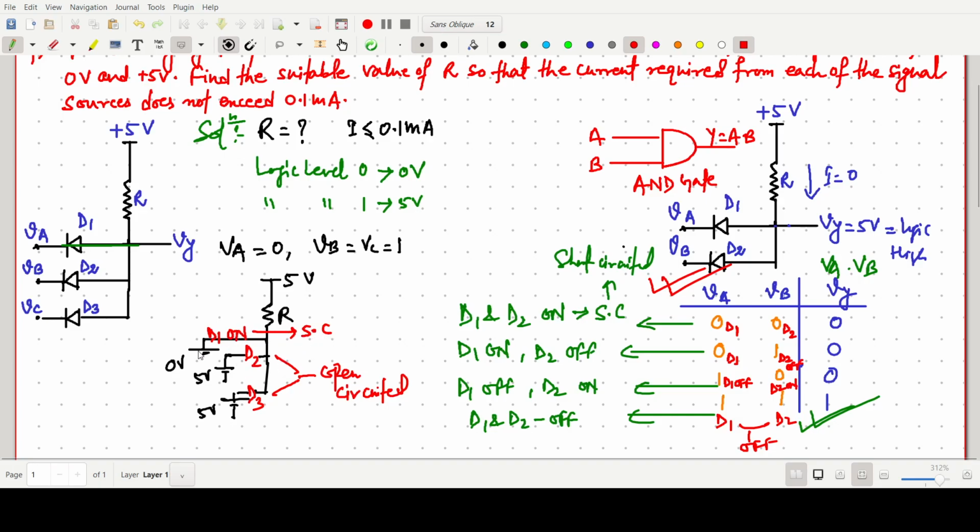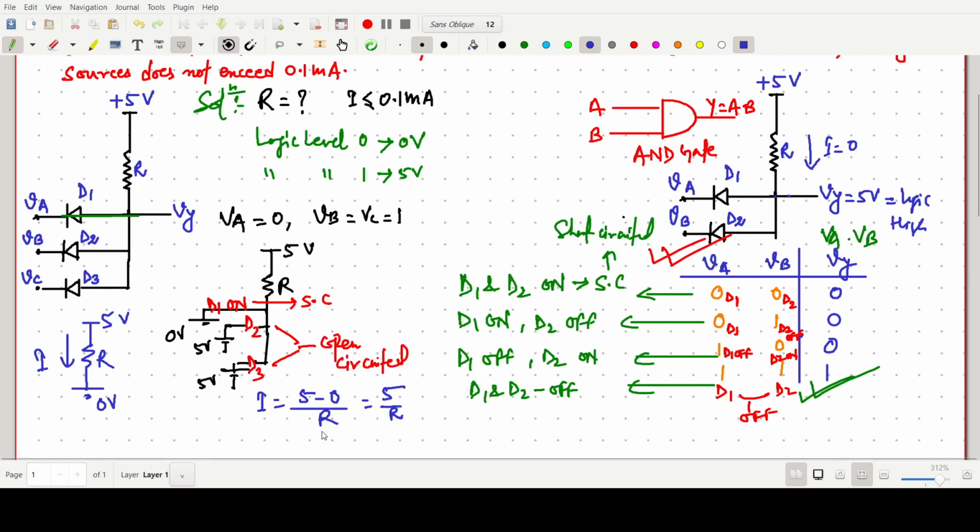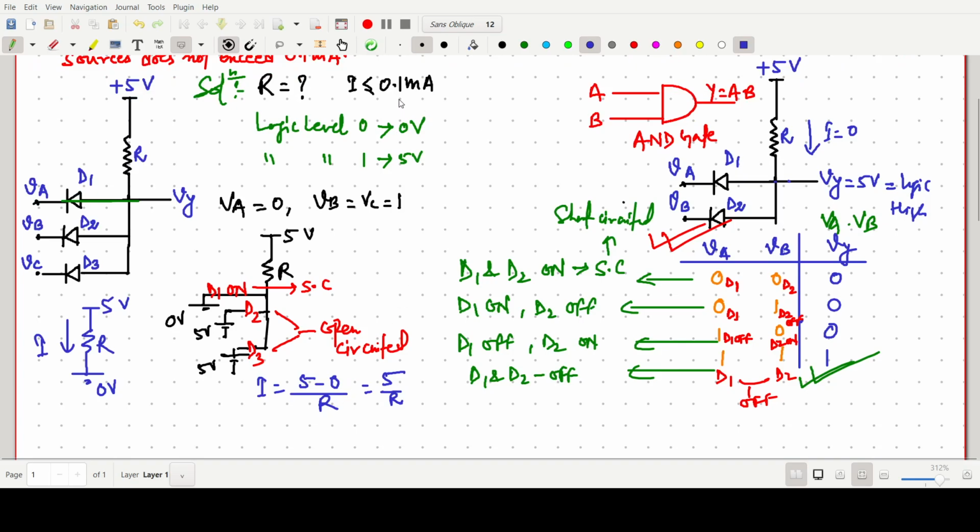So the equivalent circuit is very simple: 5 volt, and this one is ground, meaning zero potential, with R. So the I value will be (5 minus 0) by R, so 5 by R. In the question it is given that the I value will be less than or equal to 0.1 milliampere.